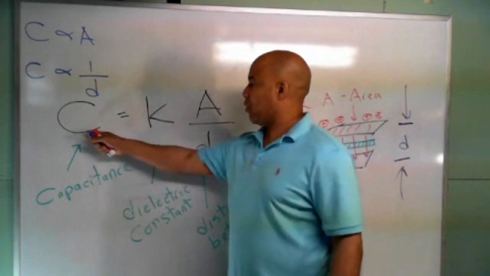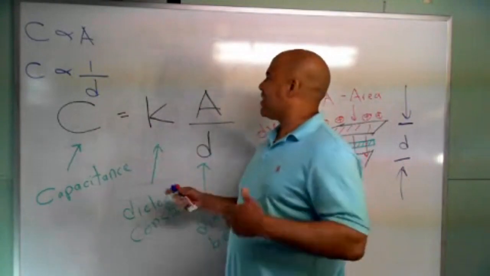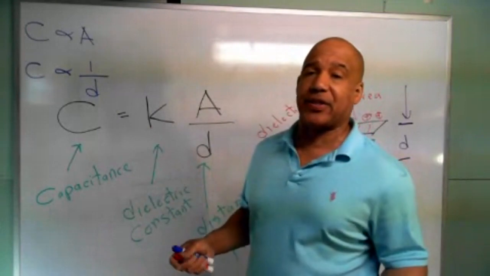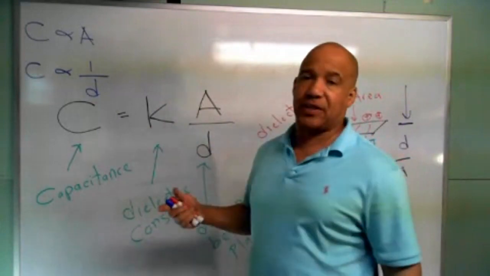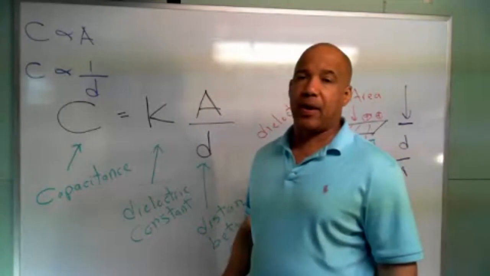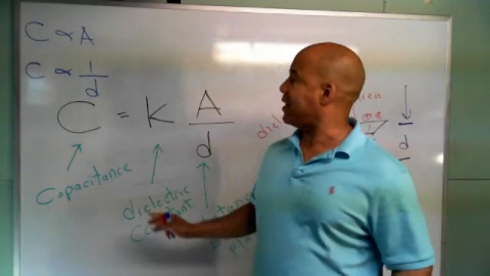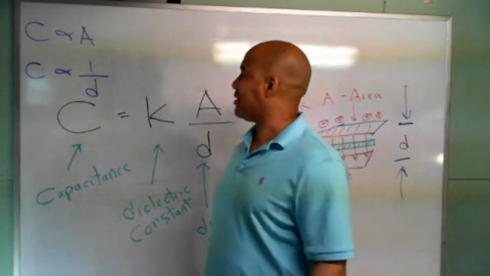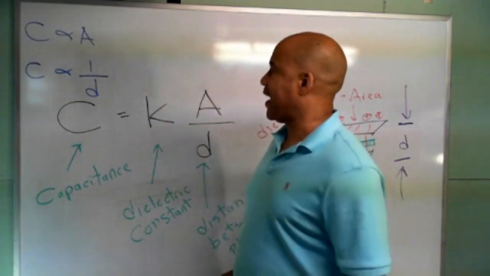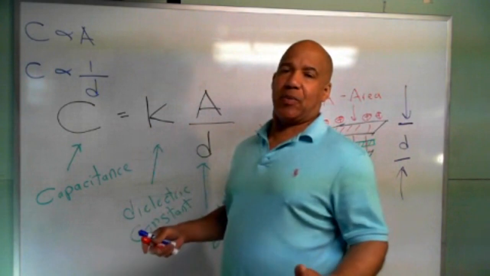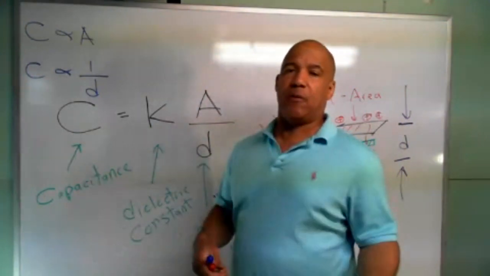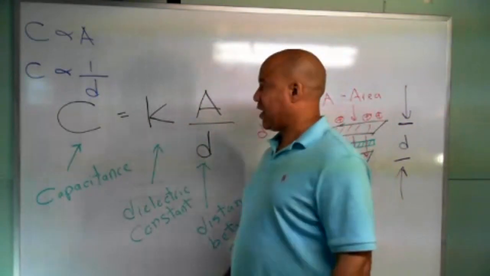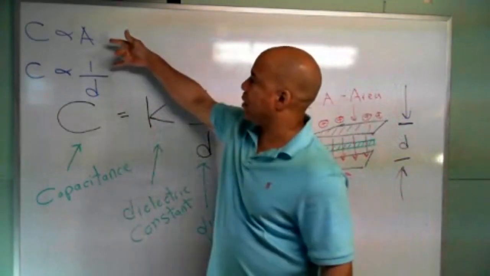Sometimes I explain how with the dielectric you can increase the capacitance, and sometimes I go into the physics of it. Sometimes I don't. It just depends on how much time I have. Right now, I won't go into the details. If we have time, I can talk about the dielectric constant later on. Or if somebody has particular interest in why changing from one dielectric to another can increase or decrease the capacitance, let me know, and I'll be happy to go into the details. But for right now, these two will suffice.